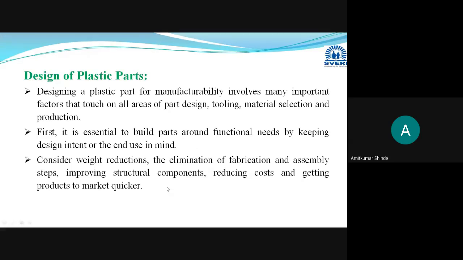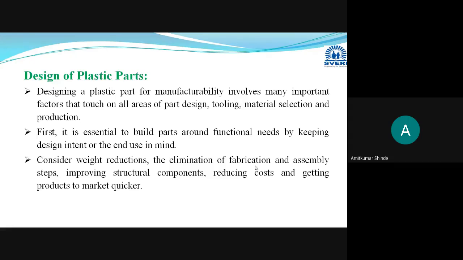Then how much reduction in the cost or how much reduction in the weight of that product is possible, how you are going to eliminate the extra processes, and how easily that product should be made available to the end user. These points you have to consider before designing.